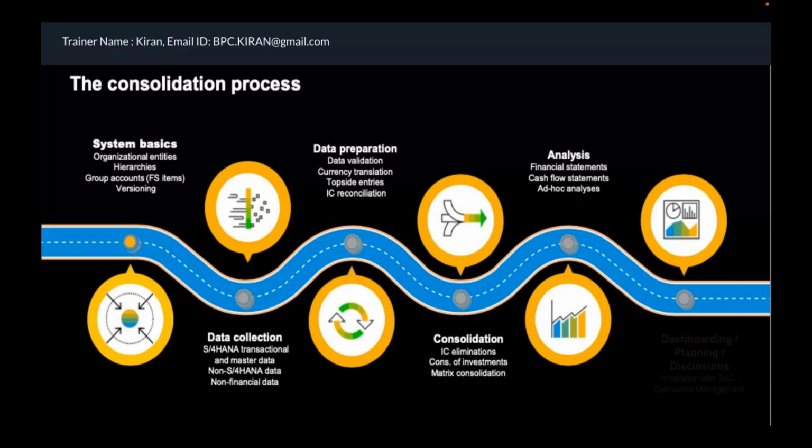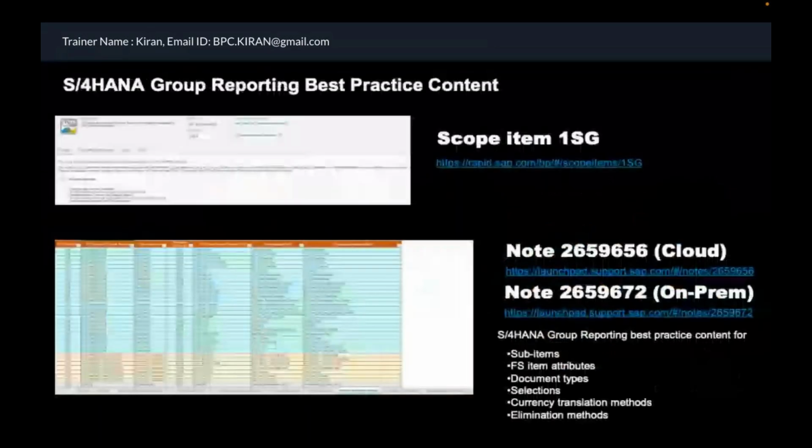Some questions came up. What is the reporting capability of group reporting? What are the options for reporting? Someone asked what they can do for notes and similar disclosures if they don't have disclosure management.